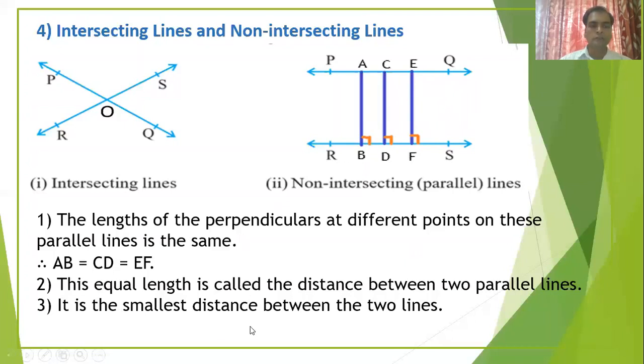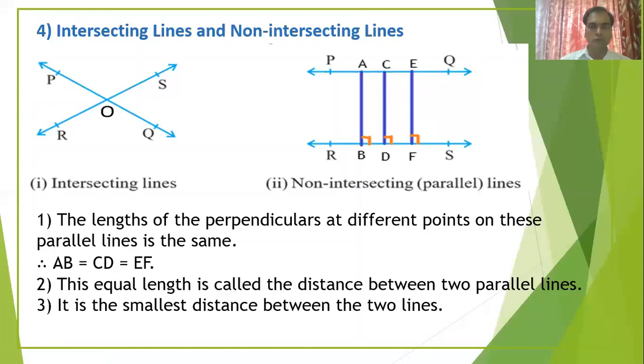It is the smallest distance between two lines, and this perpendicular distance will be the smallest distance between the two parallel lines. Once again, we will summarize all these 3 points. First, the length of all the perpendiculars between two parallel lines is the same or equal.